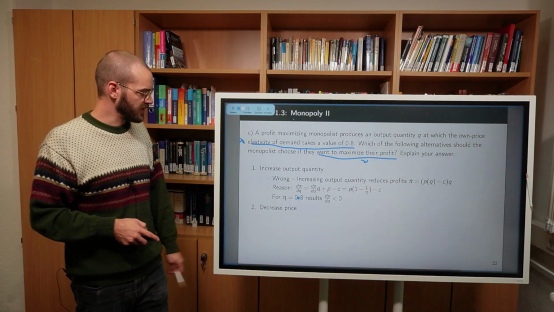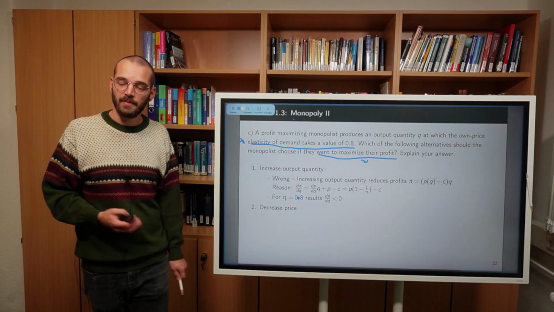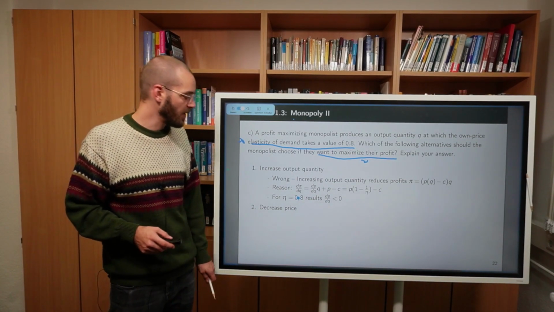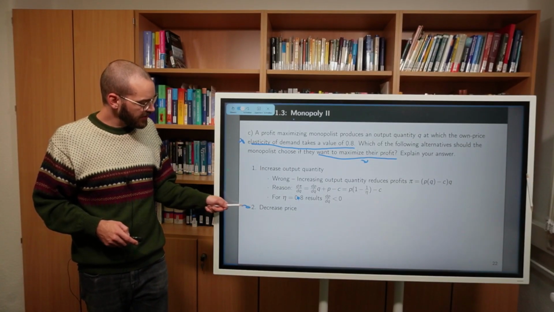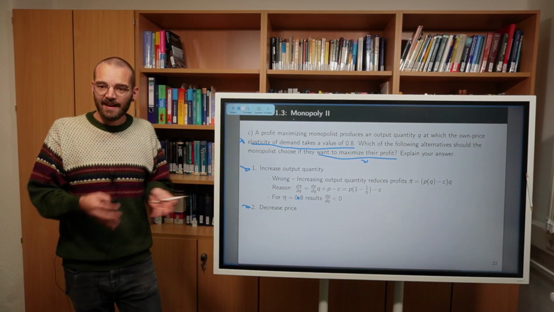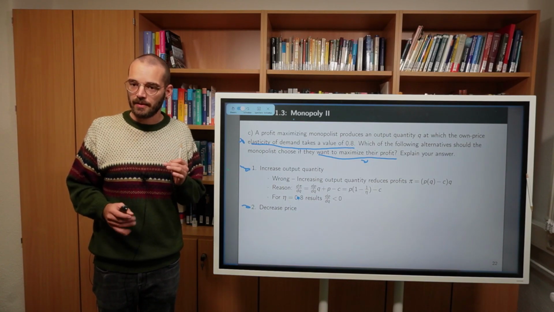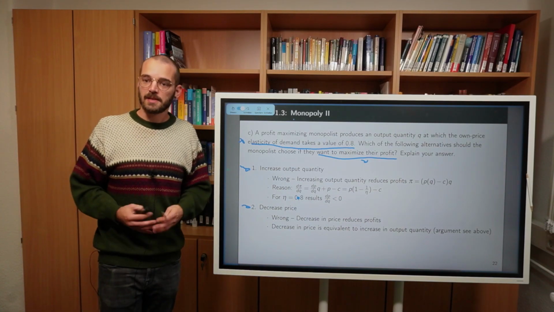Now to the second proposition. A decrease in price. Would a decrease in price now be the solution for the monopolist if they wanted to maximize their profits? Now conceptually, of course, decreasing price and increasing quantity is exactly the same given a negatively sloped demand function. So, of course, this answer must be wrong as well.